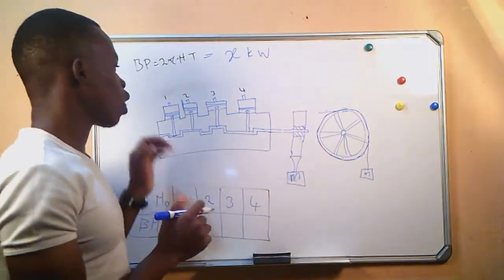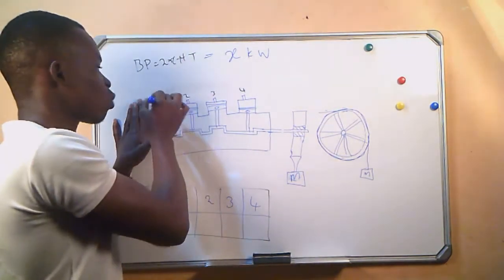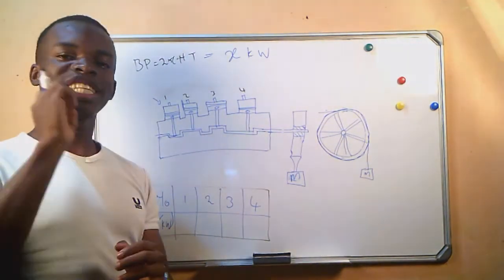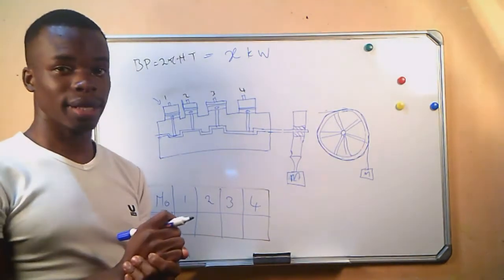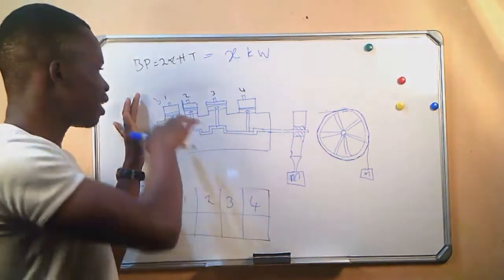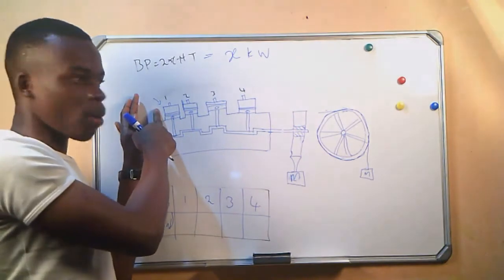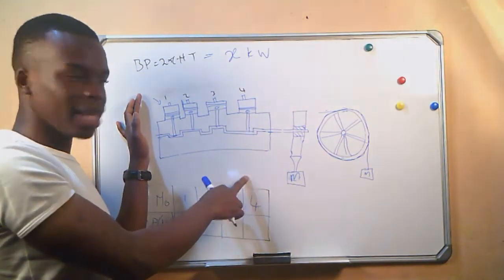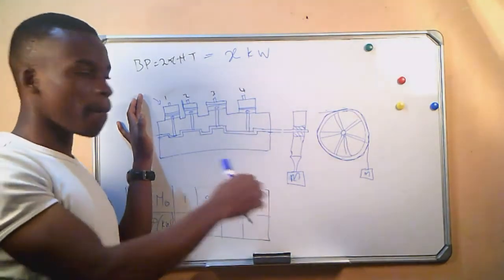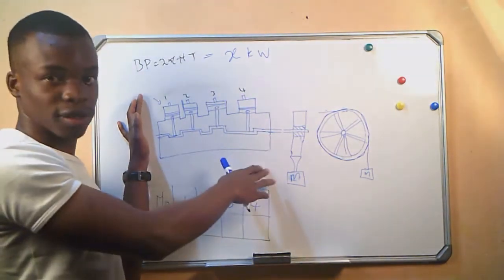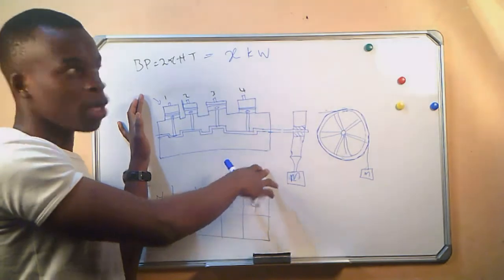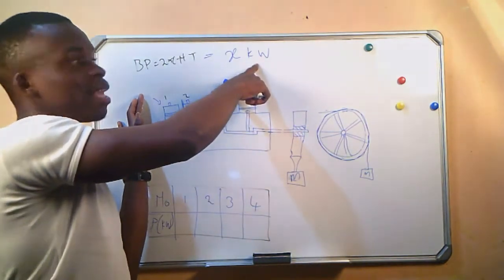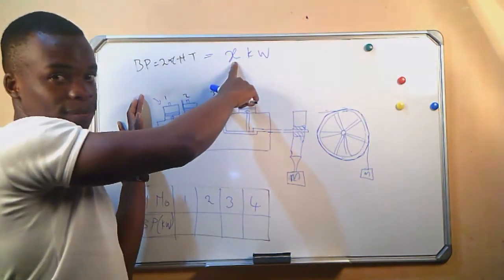Now, what we are going to do is start with cylinder number 1. We shut down cylinder number 1. Obviously, when we shut down cylinder number 1, that will result in a decrease in the brake power produced by the cylinder to the crankshaft, meaning our brake power will decrease from this.